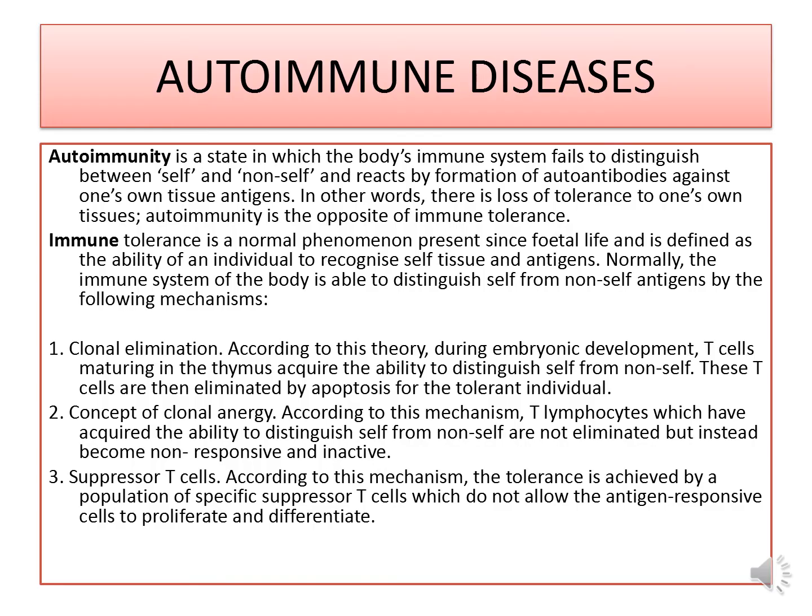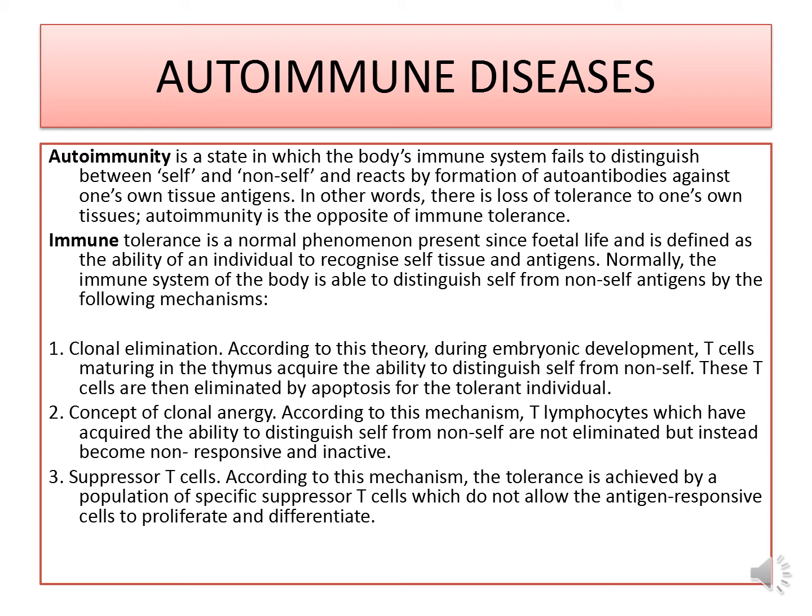A few words about autoimmune diseases. Autoimmunity is a state in which the body's immune system fails to distinguish between self and non-self and reacts by formation of autoantibodies against own tissues.